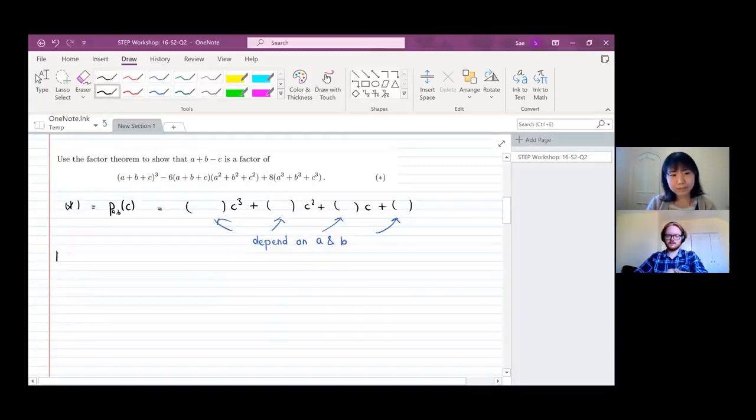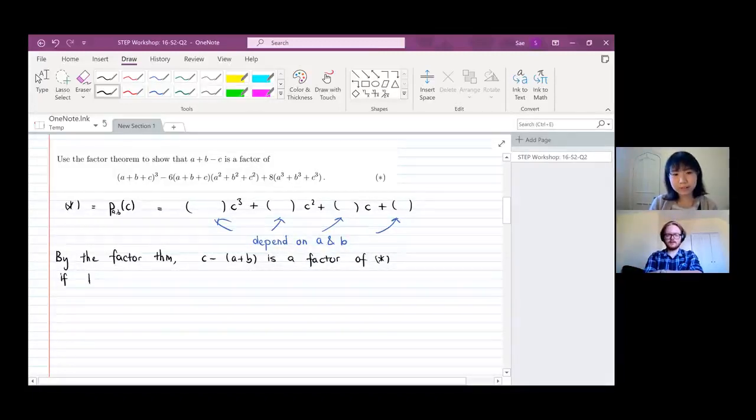So by the factor theorem, c minus (a plus b) is a factor of our polynomial star if, and can someone quickly tell me what I want to evaluate at? Yeah, I see lots of a plus b's.